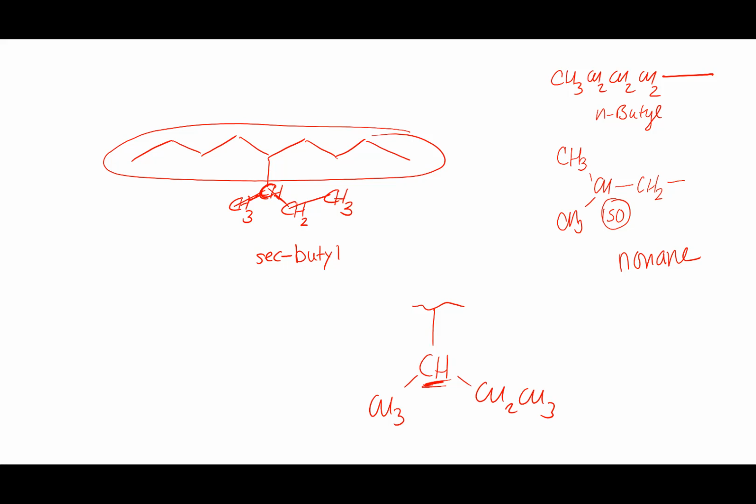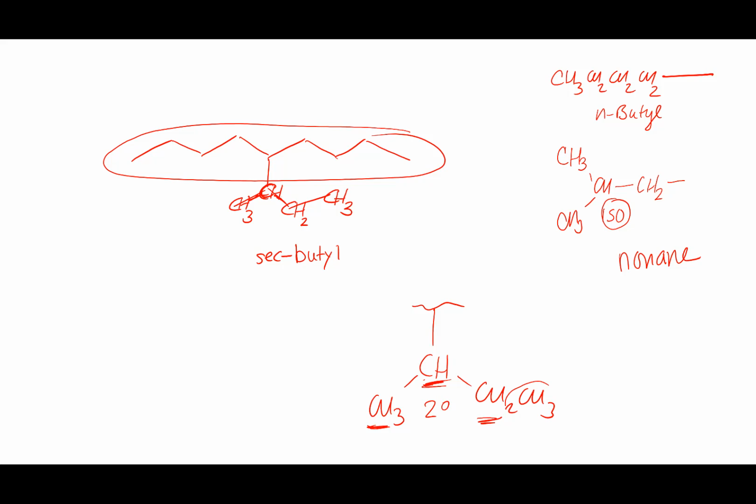There's this one, and there's this one. And up here, that's the chain, but I don't count it. So I'm only looking at within that group. It's attached to this carbon and this carbon. That means it's a secondary carbon.